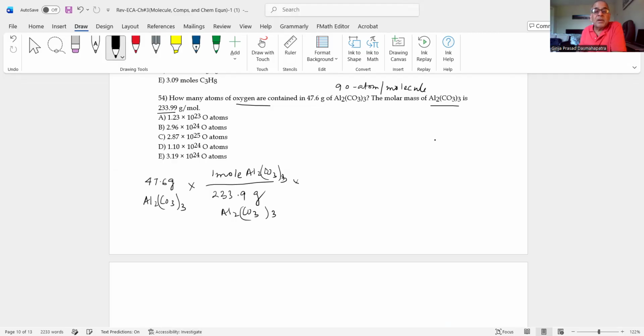And then multiply by Avogadro's number. That will give you the number of molecules, because 1 mole always contains Avogadro's number of molecules. And then, look at it, gram cancels, and then mole cancels. Then you have to go from molecules to atoms. How many atoms? So you will have 9 oxygen atoms.